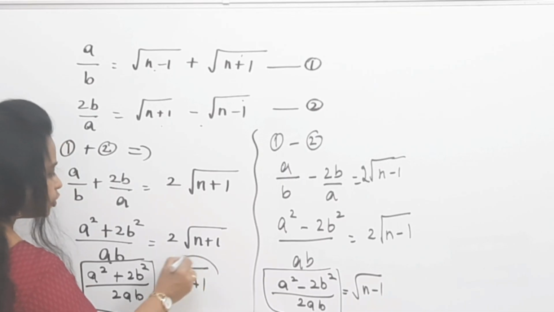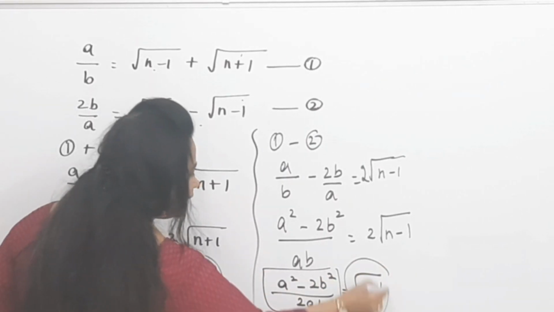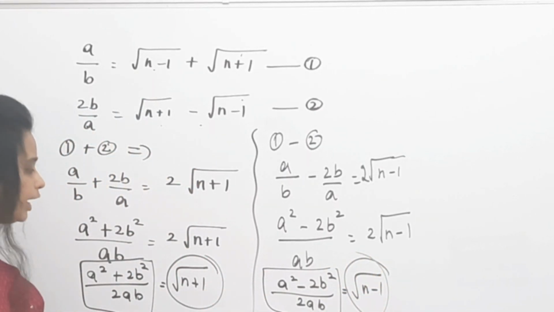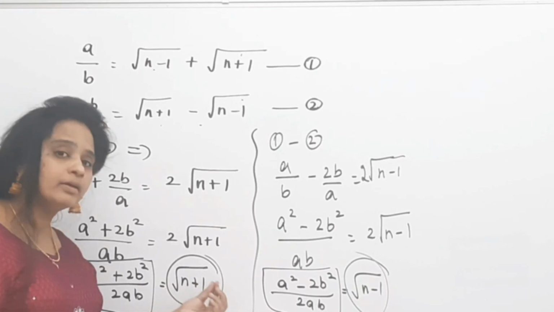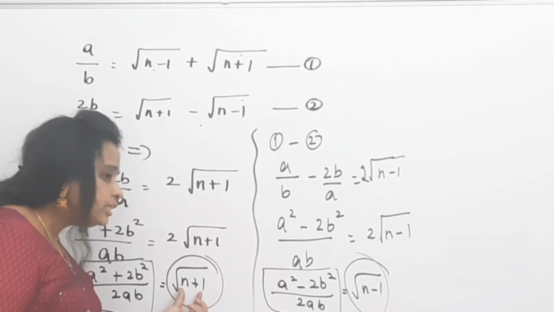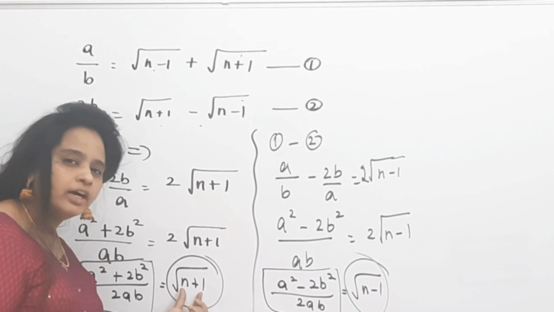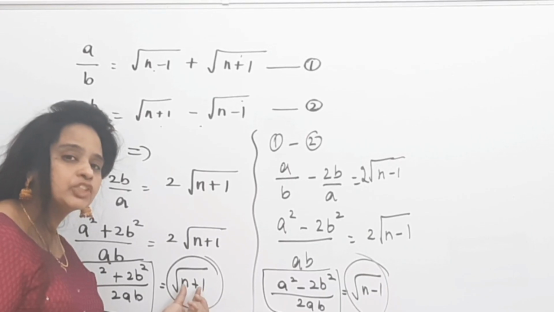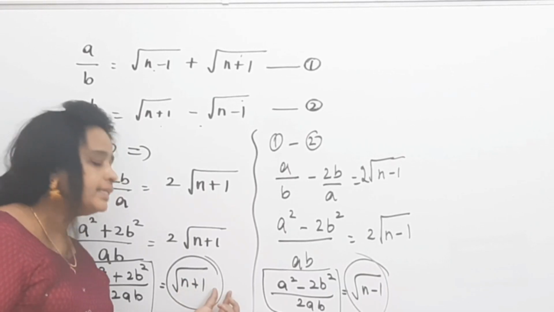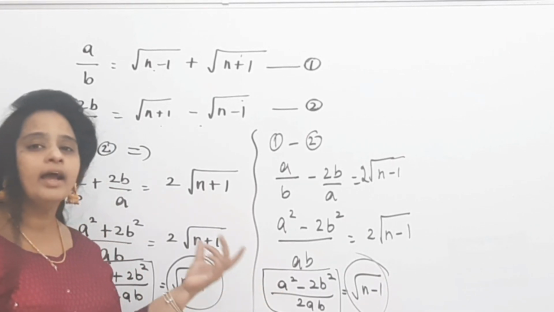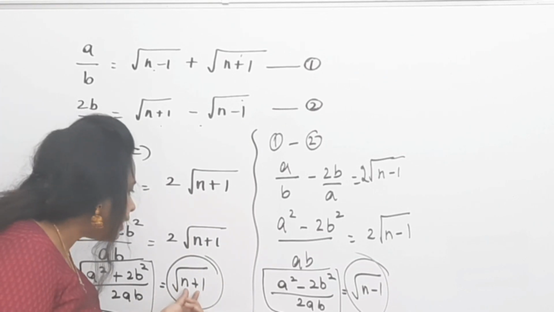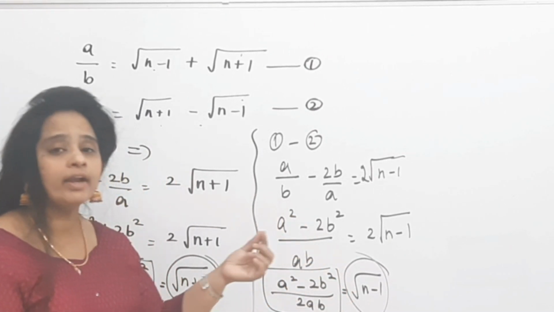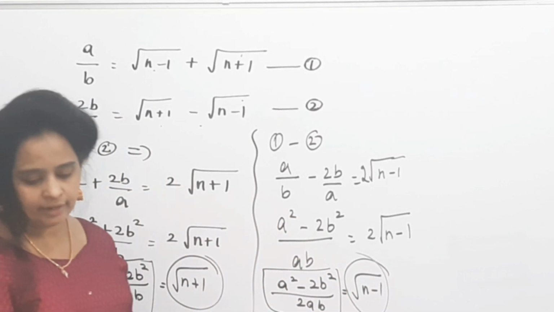That means this is going to be an integer, and this is going to be an integer. When the square root of any number becomes an integer, the number inside the square root is a perfect square, and then the result will become an integer. So n plus 1 and n minus 1 are perfect square numbers.